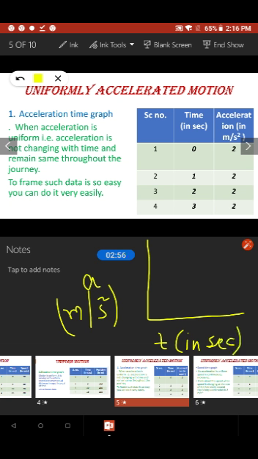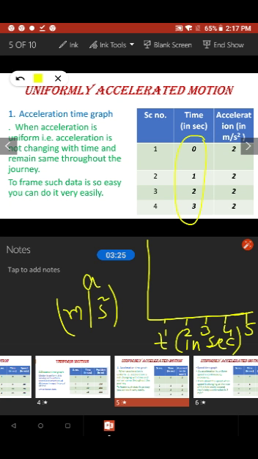So we have acceleration on the y-axis and time on x-axis. Let us again choose our scale. Time 0, 1 second, 2 second, 3 second, 4 second. If you have space, take 5, 6 or more readings. Acceleration is uniform, constant, एक समान.